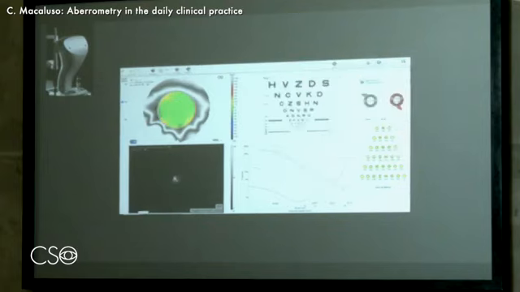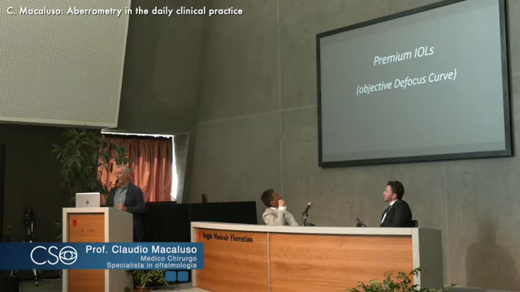Just by correcting with the sphere and cylinder, quite unexpectedly, we get a very good result. In fact, for such a patient who is not that young, if he has undergone radial keratotomy, he can improve his vision very well without touching the cornea, because touching the cornea in these eyes is a nightmare.